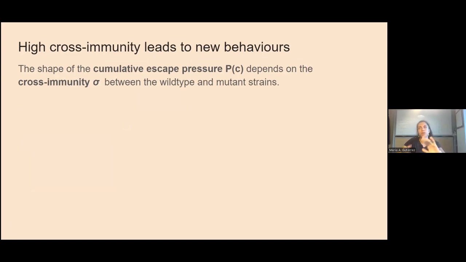Because if you have high cross immunity, that means that the mutant doesn't have much of an escape advantage, because it cannot infect many of the hosts that the wild type cannot. So I'm going to start with low cross immunity. If there's low cross immunity, then there's a high emergence probability, and so it can infect a lot of the hosts that the wild type could not.